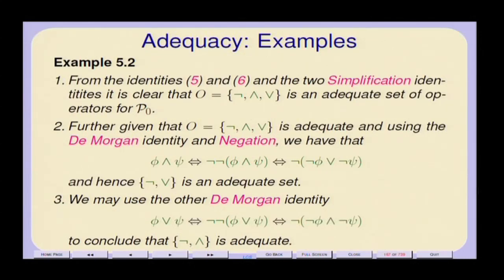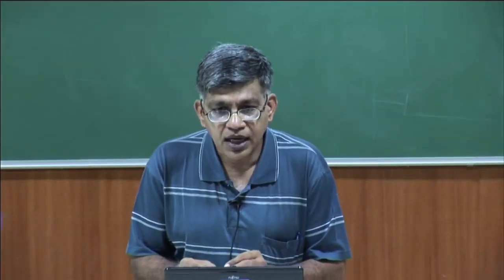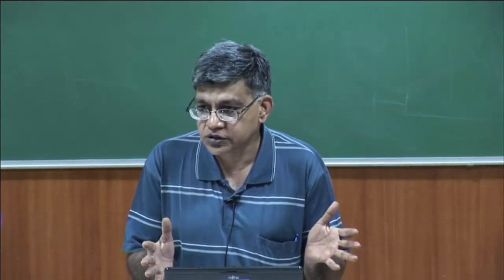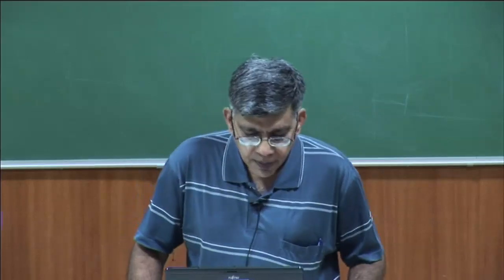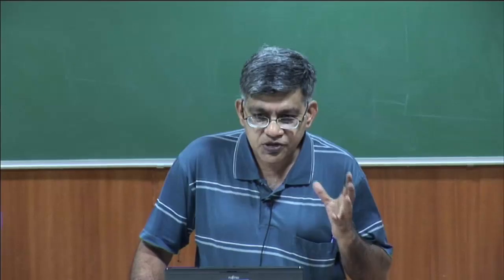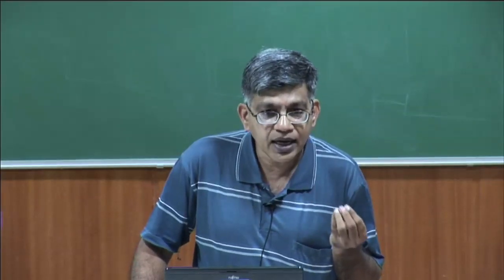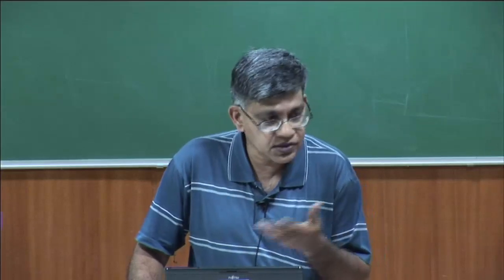And in fact, what you have learnt in your hardware course is that it is not even necessary to have this; it is necessary to just have a single operator, let us say NAND, and that is adequate for all of propositional logic. Similarly, you can just use NOR. But let us live with this. Since we are interested more in reasoning than in getting minimal hardware circuits, we will keep at least these 3 operators.